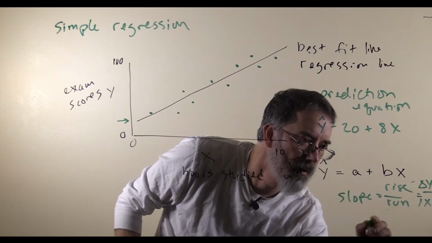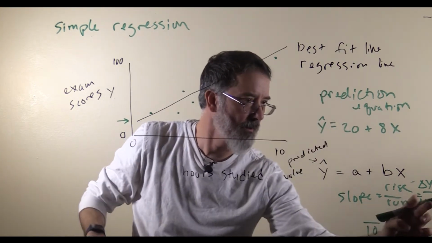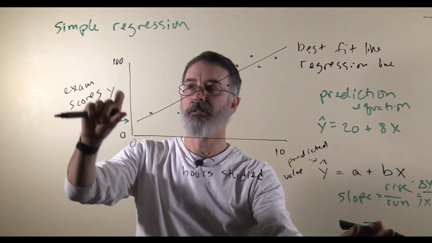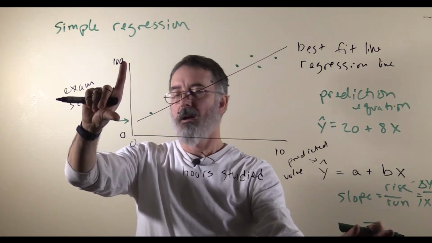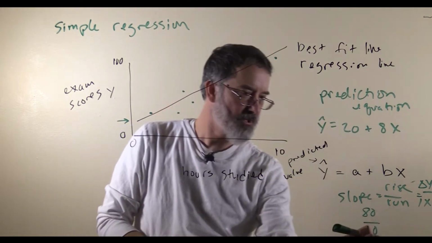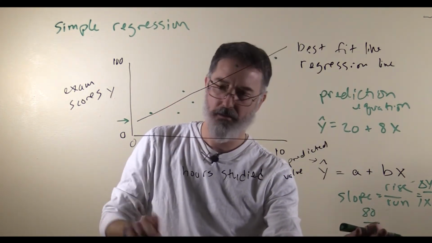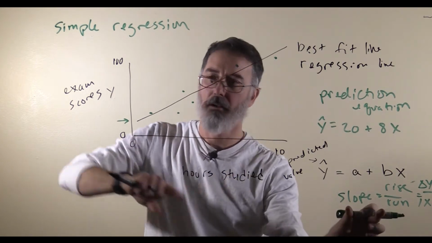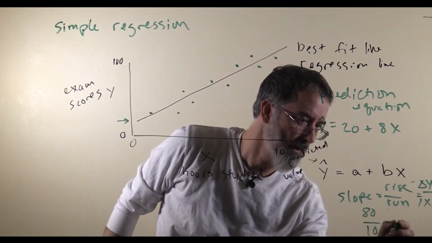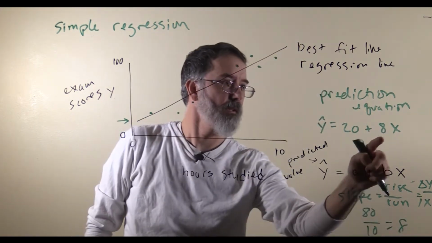And just to simplify it, I went across all 10. And for that big change, how much did y change? It went from about 20 to about 100. So for every 10 change in hours studied, there was an 80 change in exam score. So 80 divided by 10 is 8. That's where this 8 came from.